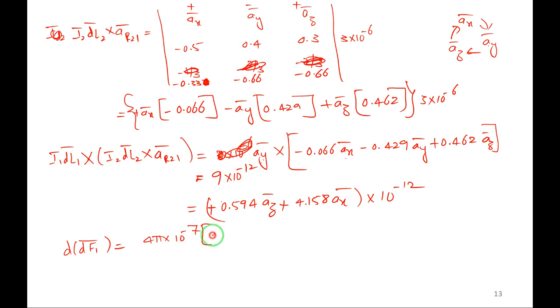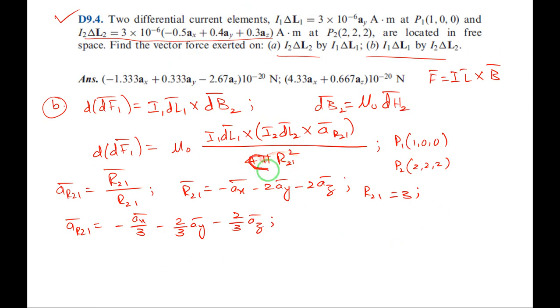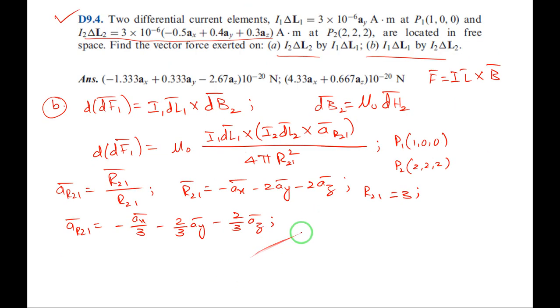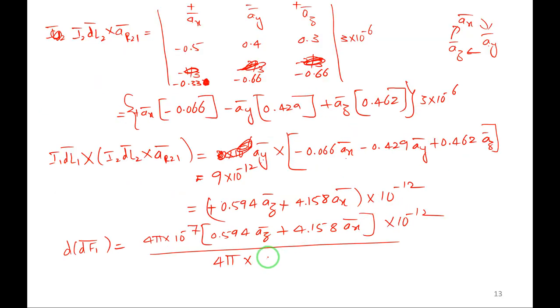So it is nothing but 0.594 AZ plus 4.158 AX into 10 power minus 12 divided by 4 pi r square, right? What is r square? R21 is 3 square, 9, right? So it is 9.